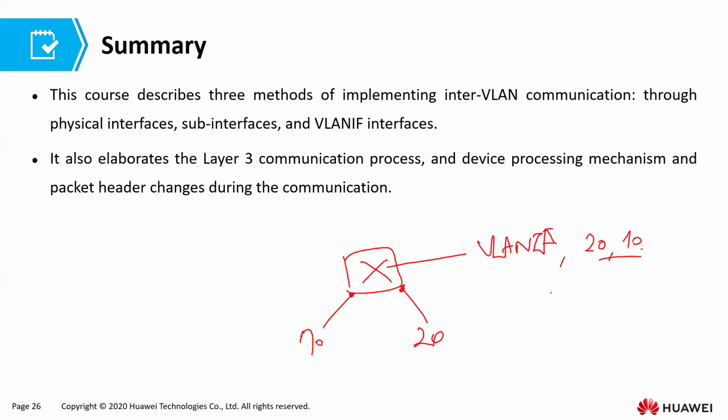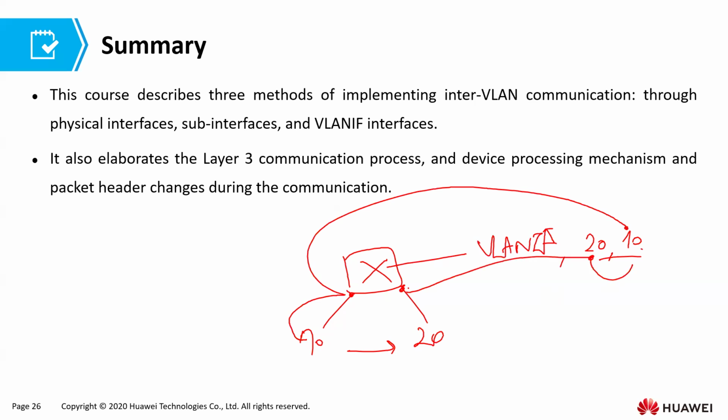So how will communication happen between VLAN 10 and 20? From VLAN 10, it goes through the interface here, then to my virtual interface, then it is routed across, and comes back through the other virtual interface and goes out there. That's how we have communication between my VLANs.